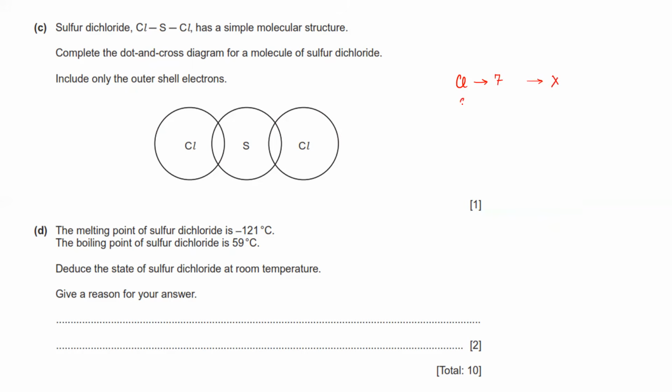And for sulfur, the outer shell electrons are 6, and we'll draw them with a dot. So outer shell electrons x x x x x x, one electron comes binding here.